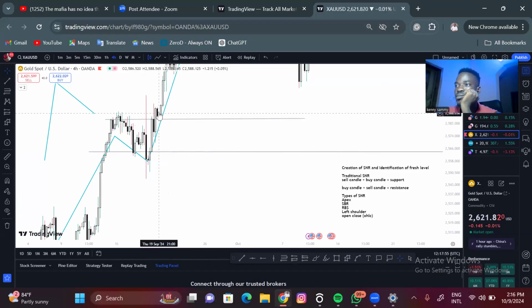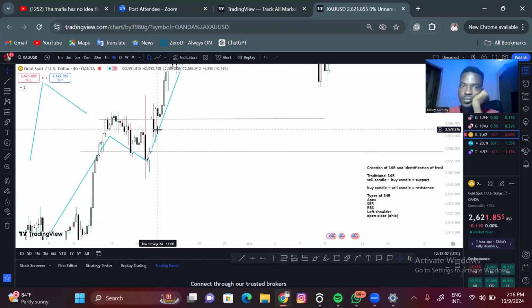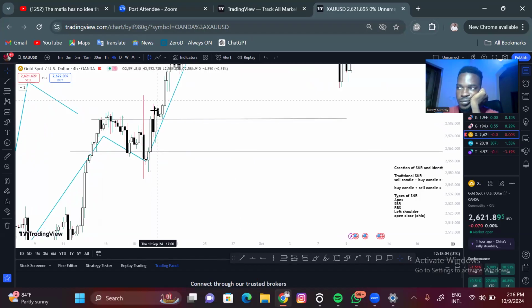We can say this is the exact one that the price made use of. So when we have a resistance here, this price action was not supposed to break through, but it got broken. And then by the time the price was coming back down, it came to this same level, the exact level of the previous resistance, which has now broken and turned to support.